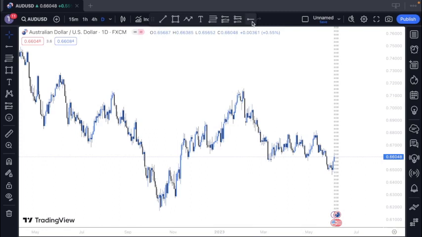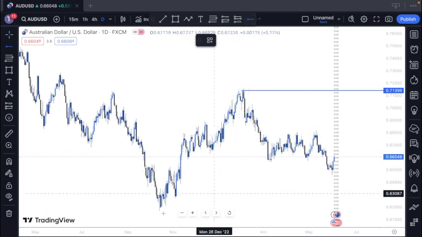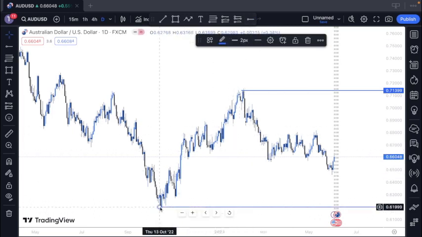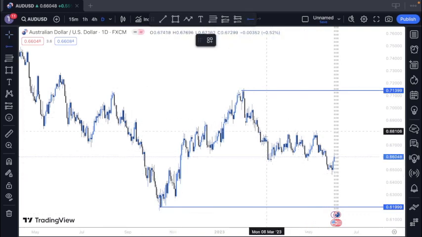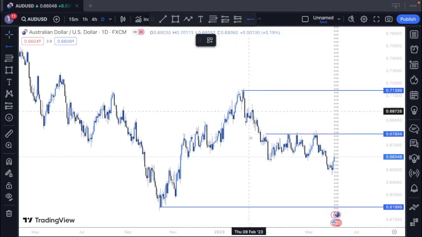In this case, I'll simply mark my highest high and important levels. This is my lowest low. So we're playing within this. And as we play within this, what do we have? We have this significant level, which if we are scaling down, might be acting as our zone instead.